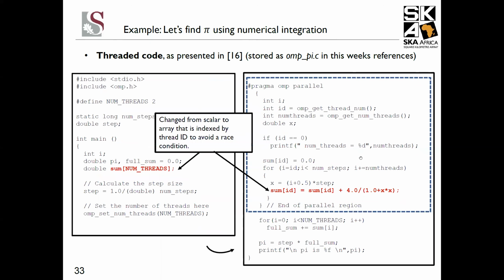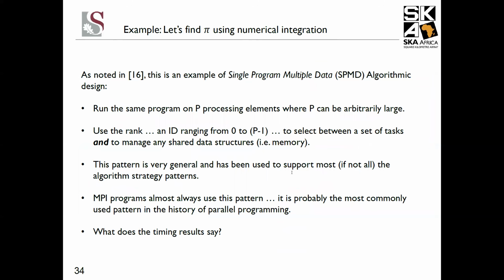If we look back, even our for loop is split so that each thread calculates a unique part of this Riemann sum. So we split the work pretty equally between the threads. This pattern is very general and has been used to support most, if not all, the algorithm strategy patterns. It's an awesome work sharing pattern, and we use it a lot in MPI programs, as you have seen today.